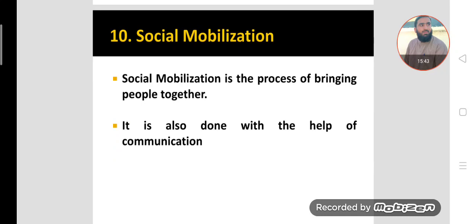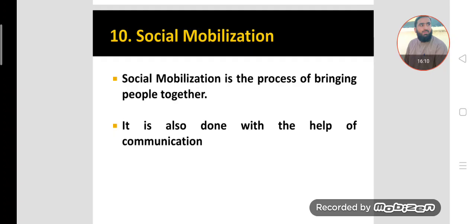Number 10, this is the last point, social mobilization. Yes, what is social mobilization? Social mobilization is the process of bringing people together, to give people awareness and to convince them.